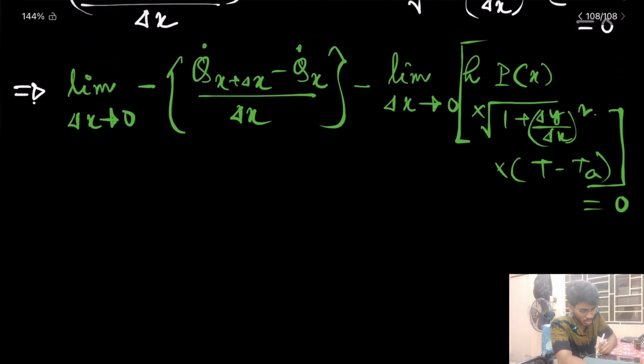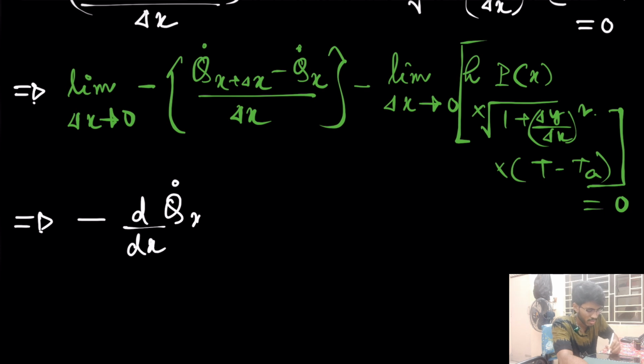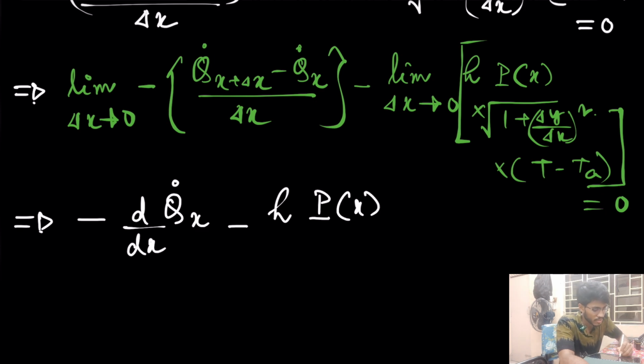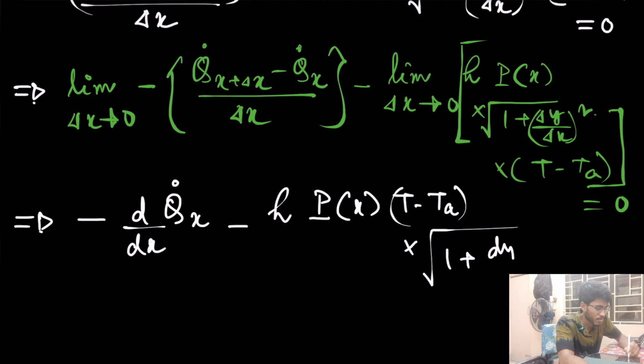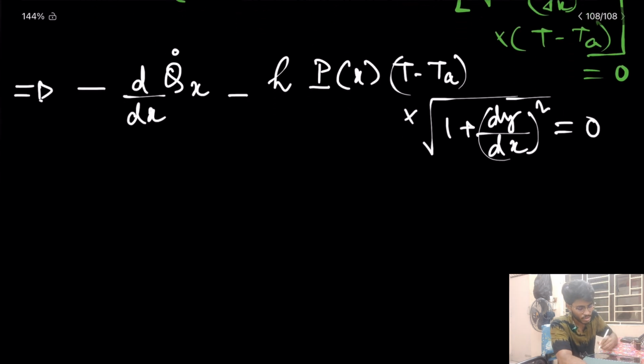Okay, so as you take the limit, this thing will become minus d/dx of q dot of x. Okay, and this thing will become this into (T minus Ta) into (1 plus slope, right, (dy/dx) whole squared) equal to 0.